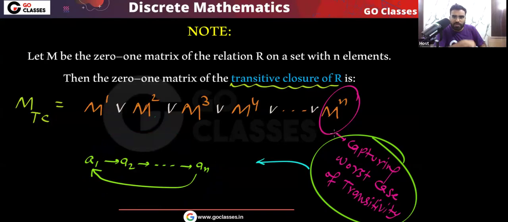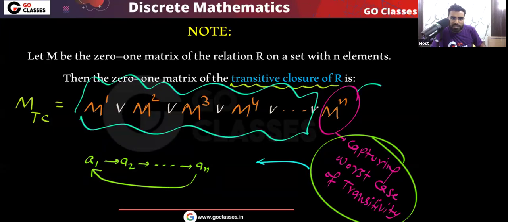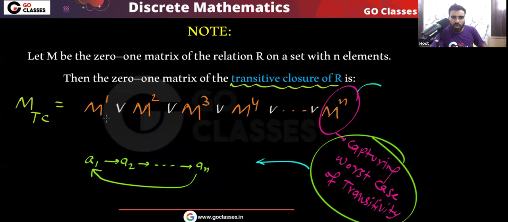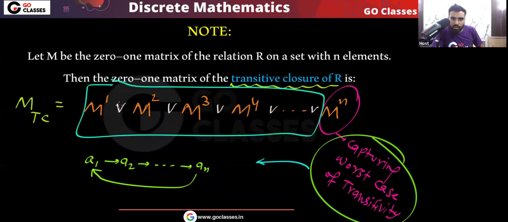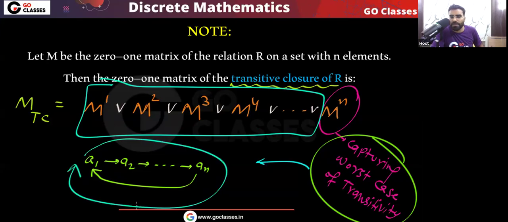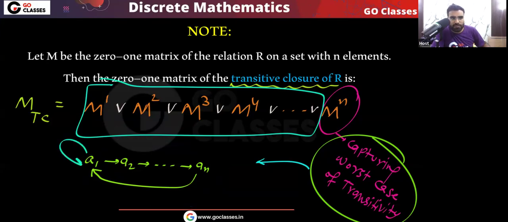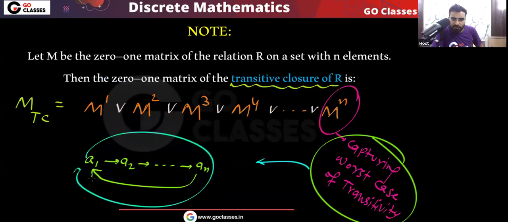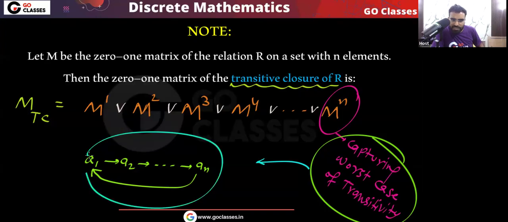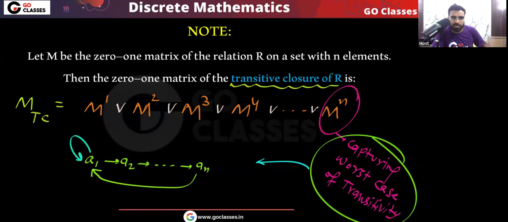Because of m power n, a self loop will be contributed which is not contributed by all the previous ones. They could not capture this worst case of transitivity, so they could not provide this self loop. But m power n is providing it.